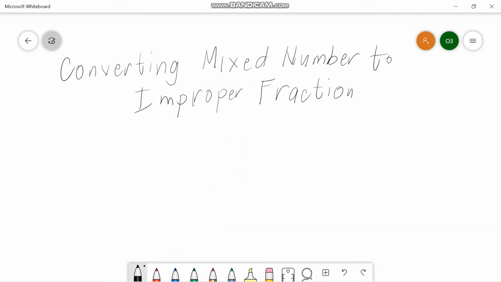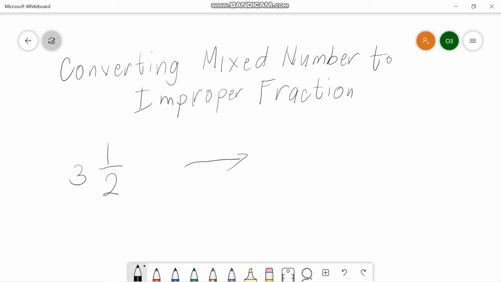Now, let me tell you how to convert mixed number to improper fraction. Let's say I have a mixed number, 3 and 1/2. This is a mixed number because it has a whole number and a fraction. How will I convert this to improper fraction?